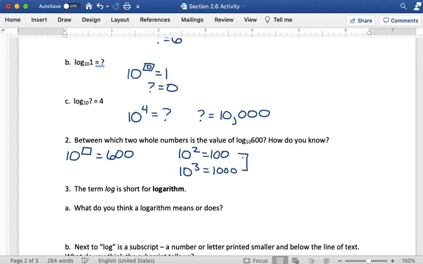So, since 600 is between 100 and 1000, that means that the answer to the logarithm is going to be between 2 and 3.